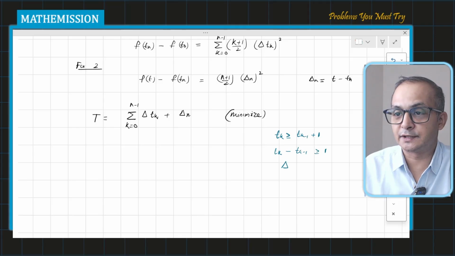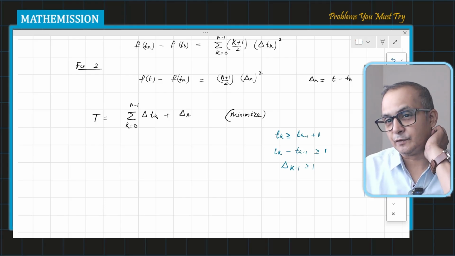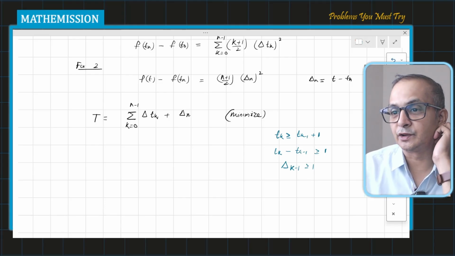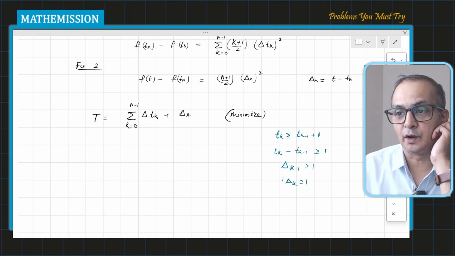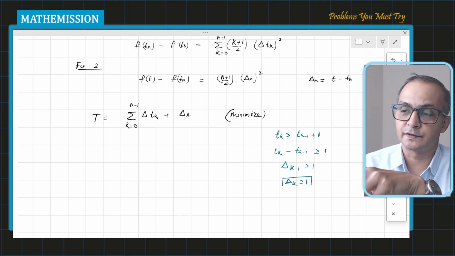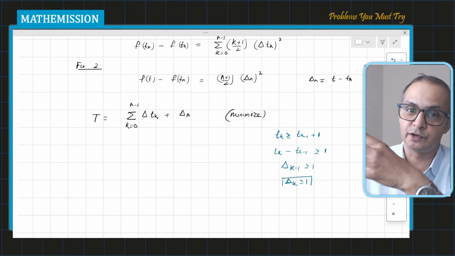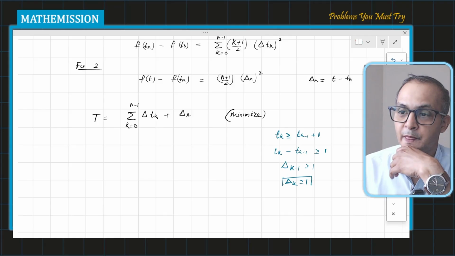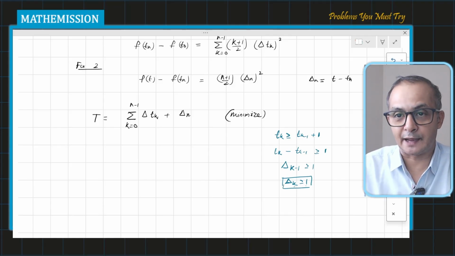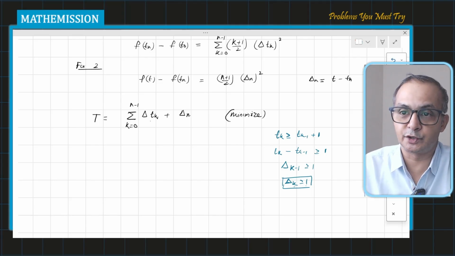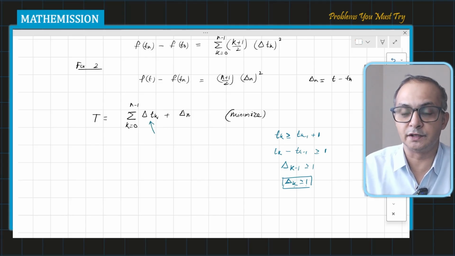So this is nothing but delta of t(k minus 1) greater than 1, or if you start from k equal to 0, delta k is greater than 1. It means between any two consecutive tk and t(k plus 1), the minimum value is 1. So if I need the capital T minimum, I can substitute all these values as 1.